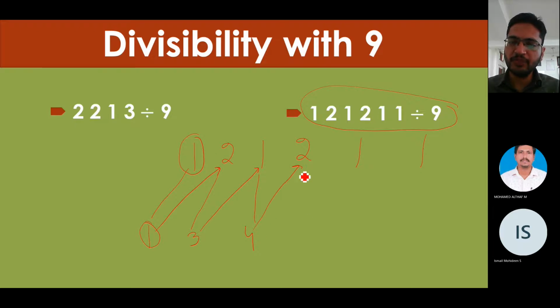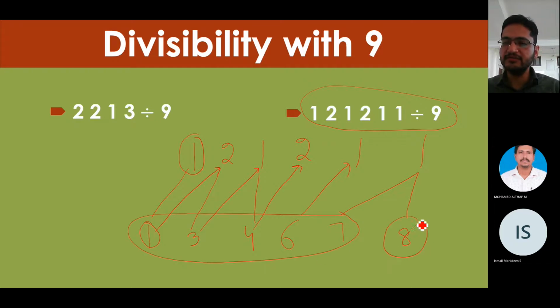Now in the next step, 4 plus 2, that is 6. 6 plus 1, that is 7. And 7 plus 1, that is 8. So this is the quotient and this is the remainder. So if we divide 121211 with 9, the quotient will be 13467 and the remainder will be 8.